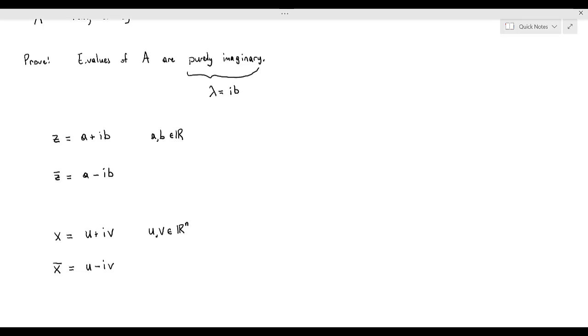All right. Now, one thing that I want to note about a complex number and its conjugate, as well as a complex vector and its conjugate. Notice if I take z and I multiply with its complex conjugate, if we were to FOIL this out, we would get a squared minus iab plus iab, so those would cancel out.